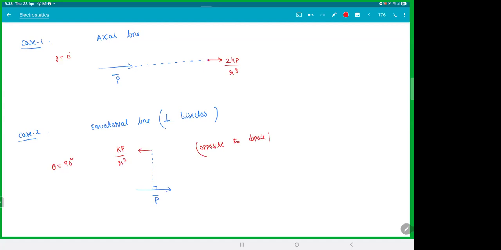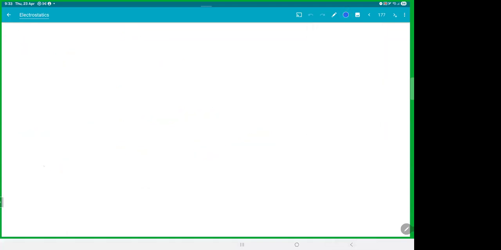How to write this in vector form? Let's see that. So this component was 2kp cos theta by r cube, r cap.